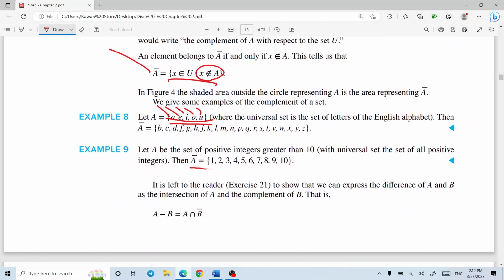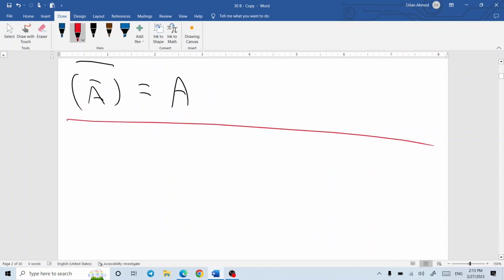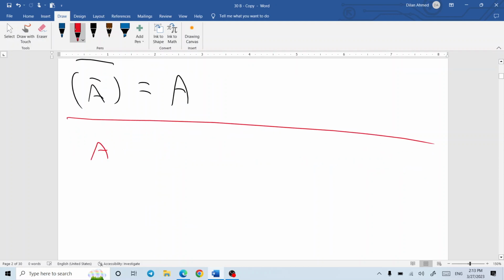Again, we have a complement. Let A be the set of positive integers greater than 10. Now I define a new set for you. During the exam or quiz, I say if A equals all those elements X such that X is greater than 10, tell me about the complement.